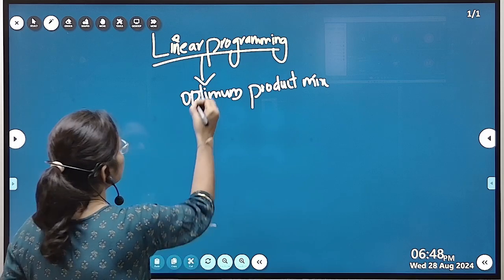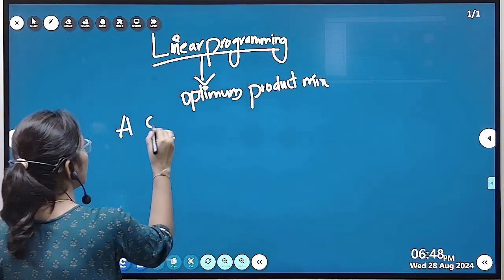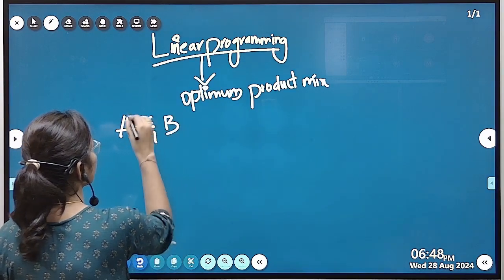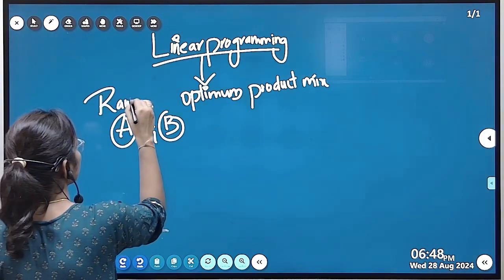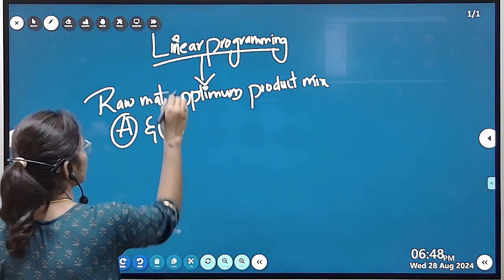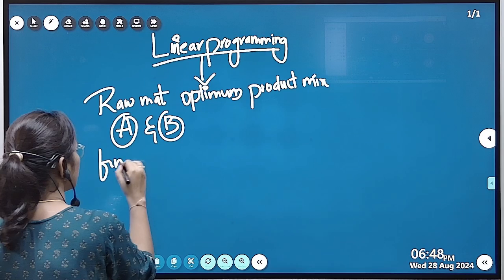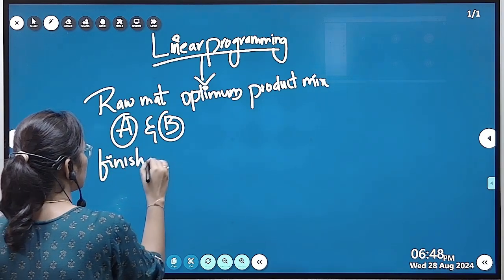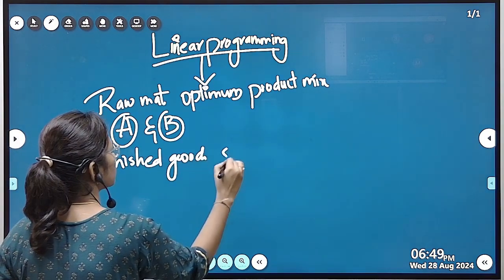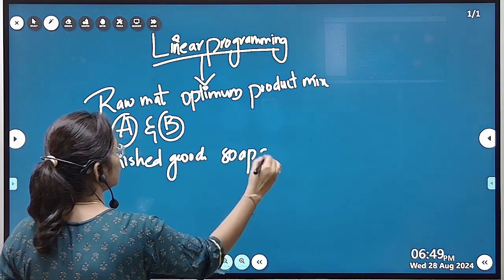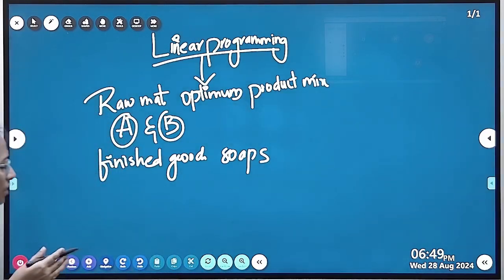Let us take an example. A and B are the raw materials we have, and we are producing a finished good like soap.